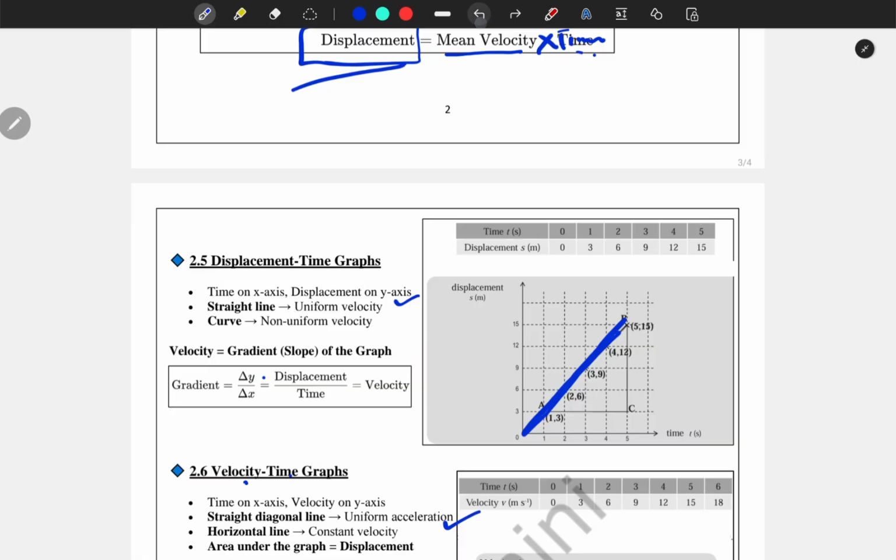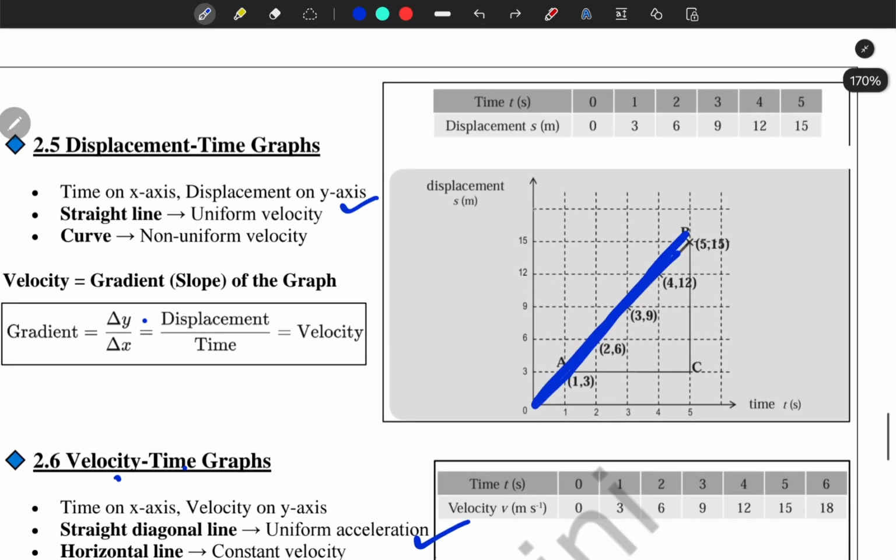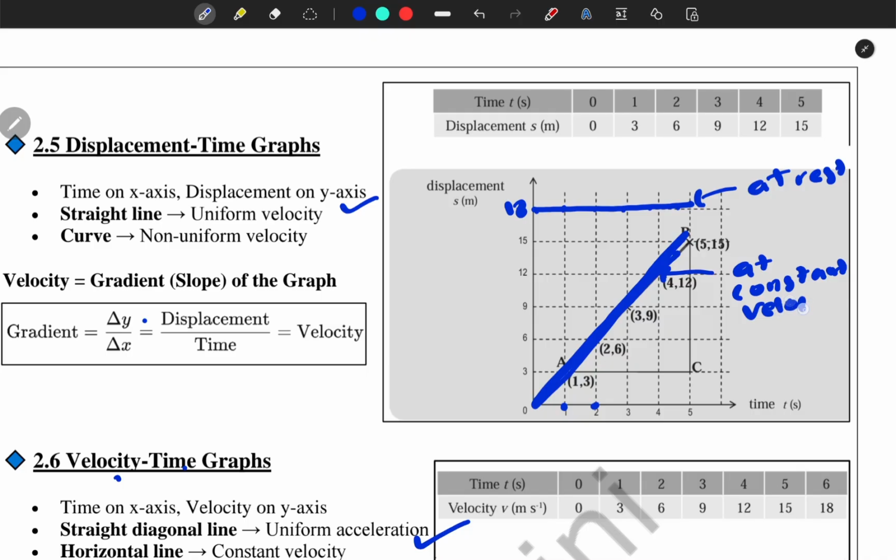And also remember, in a displacement time graph if it becomes a horizontal line, think: if it's 18 meters at the first second, and at the second second also 18 meters, what does that mean? Is this object moving? No, right? Displacement is constant in each second, that means this object is at rest. Those points should be in your mind.